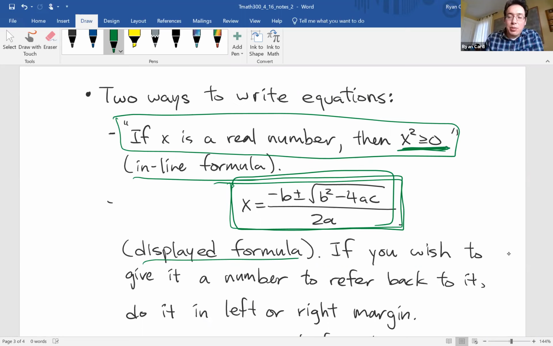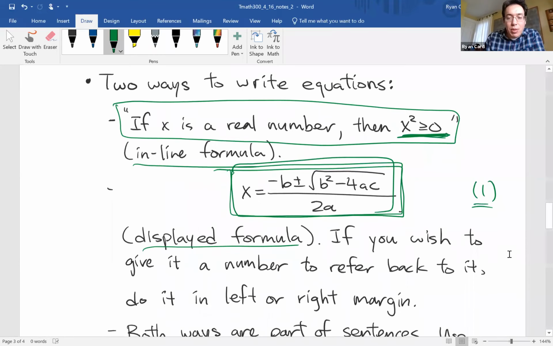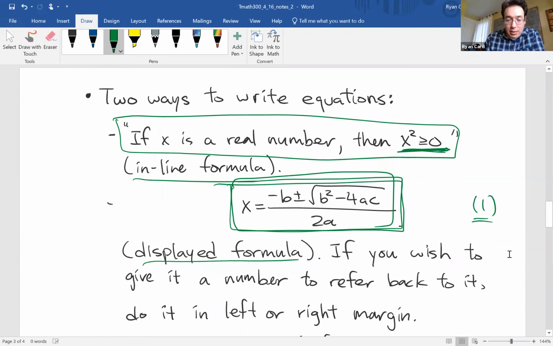You don't always have to do this, but when you write a displayed formula, probably you're doing that because it's big. And when you want to refer back to it, you can number the equation on either the right margin or sometimes the left margin. Once you name it, you can come back to it and say, oh, remember equation one, and so on. So that's called displayed formula.